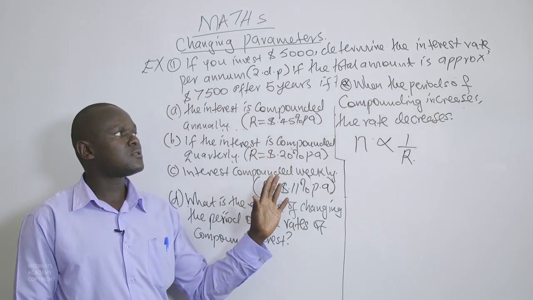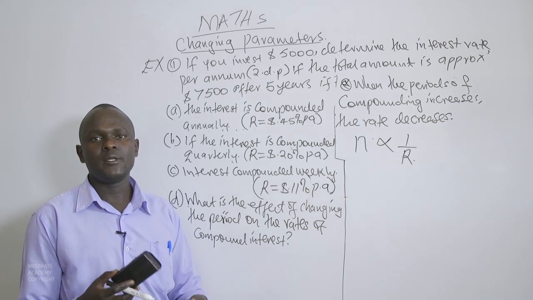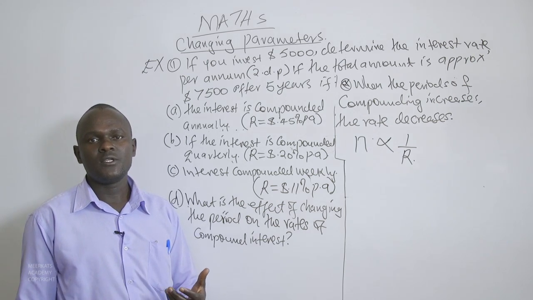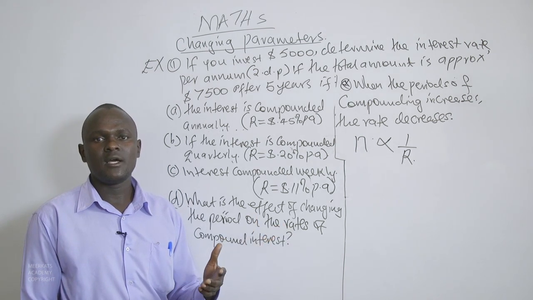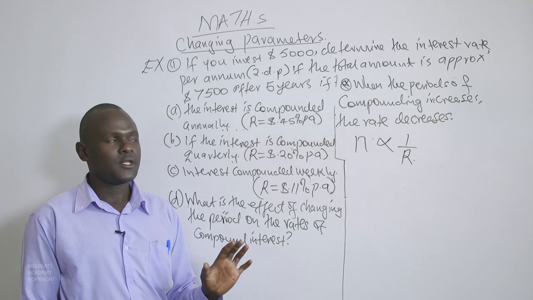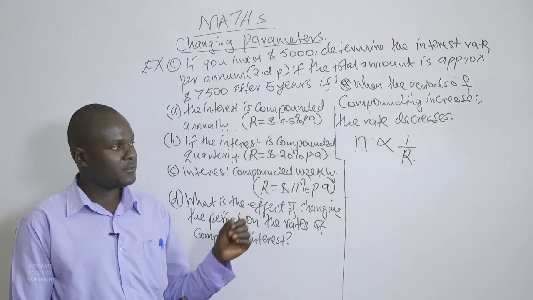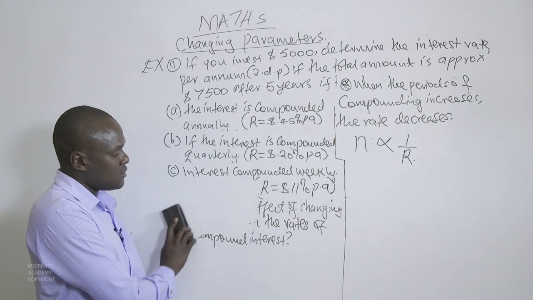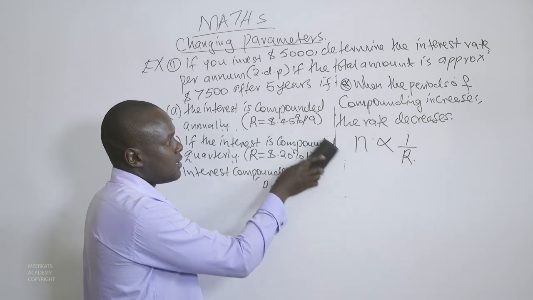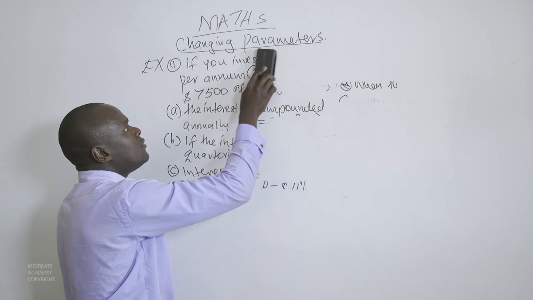So in this first example, we have just been varying the number of periods vis-a-vis the rates. And we have observed that when the periods increase, the rates decrease. That is the effect. Let us look at another example. And this example is in the form of a table.